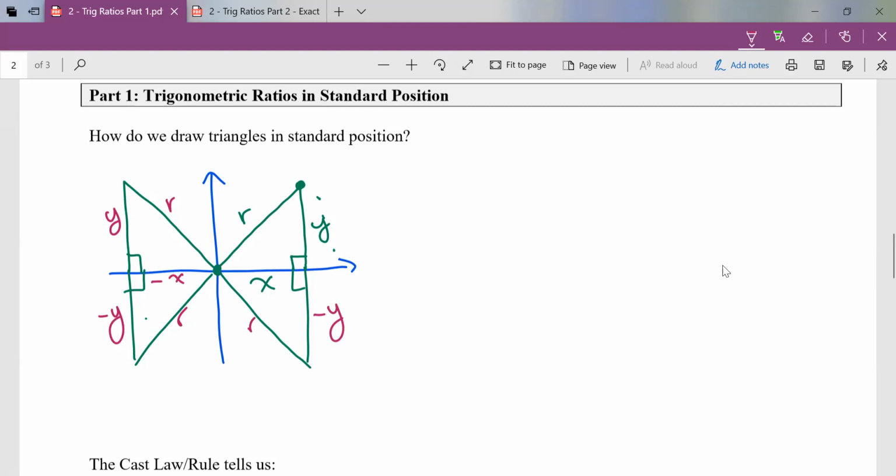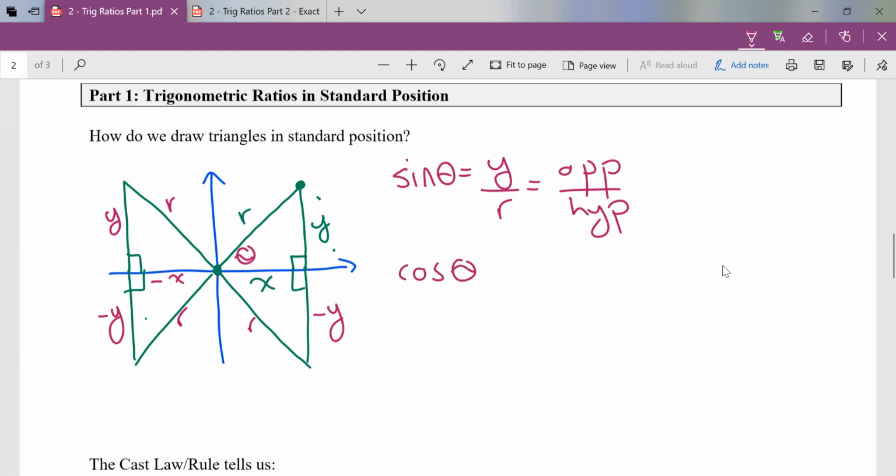If I said, here's angle theta, theta is always measured from the x-axis. Sine theta would be opposite over hypotenuse, but now we're going to define it as y over r instead of opposite over hypotenuse. It's the same thing, just defined slightly differently.